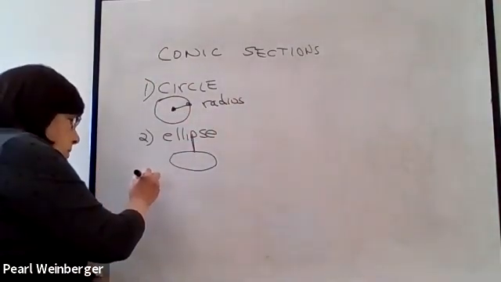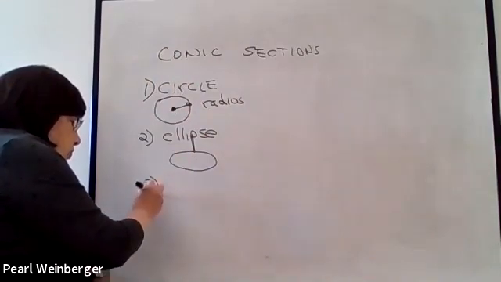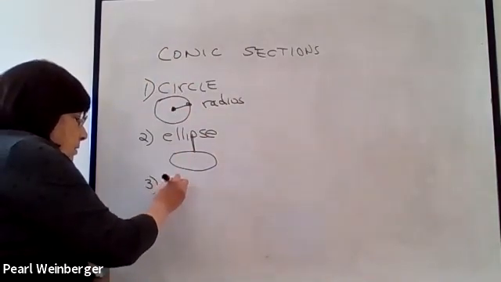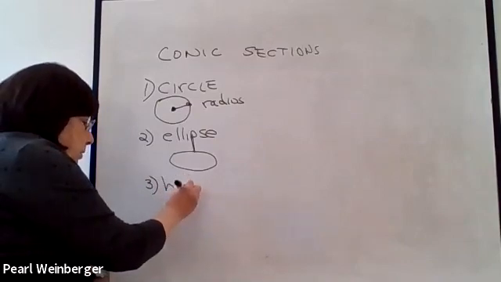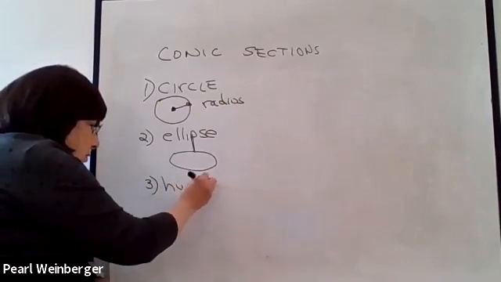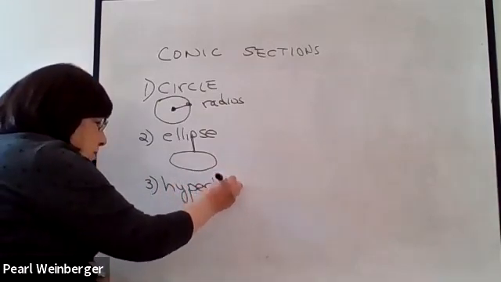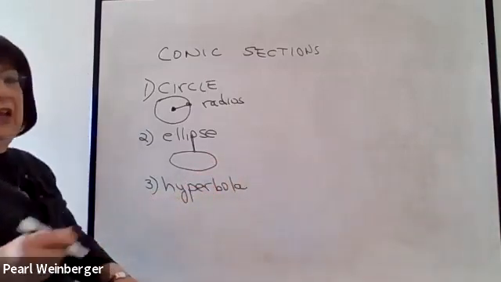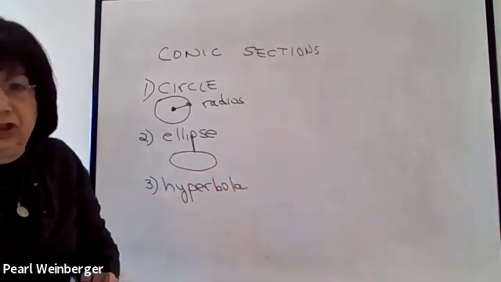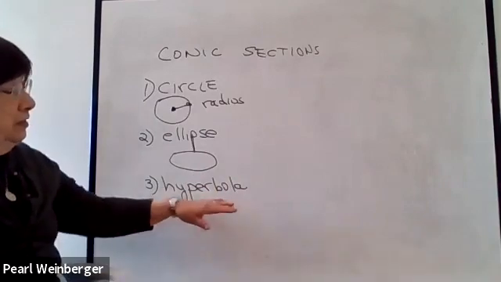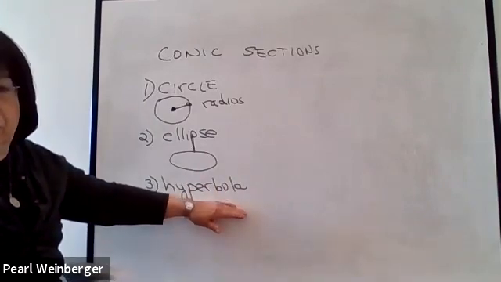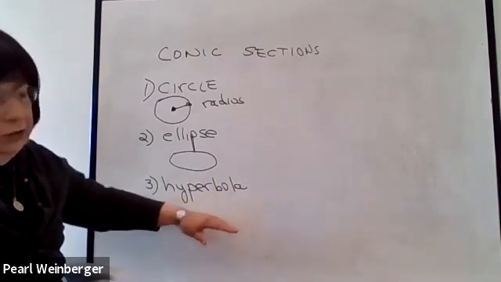Another shape that you get is something called a hyperbola. This is the strangest name and the strangest shape. The only thing that's good about it is that you don't have to know too much about it.